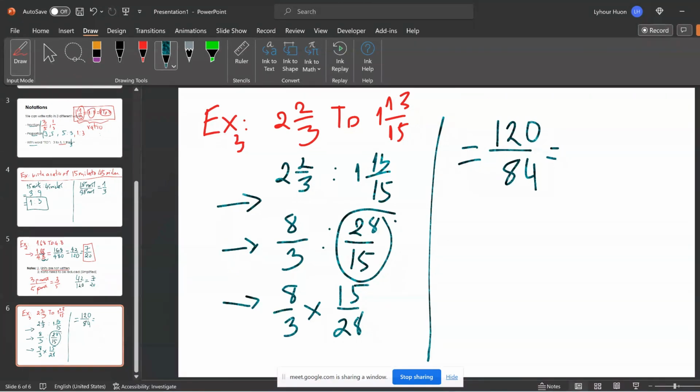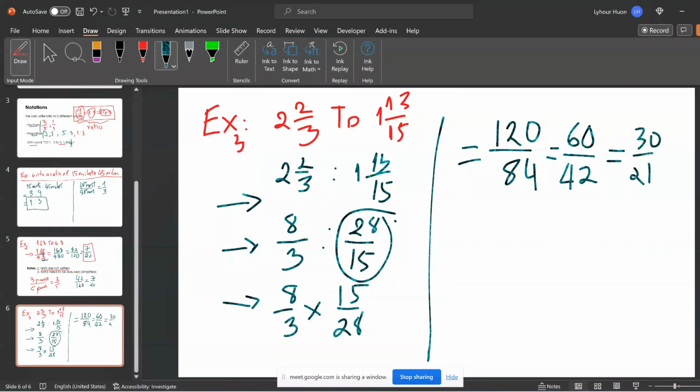Divide by 2, we get 60 over 42. Can we simplify more? Yeah. Simplify more, we divide by 3 again and get 30 over 21.